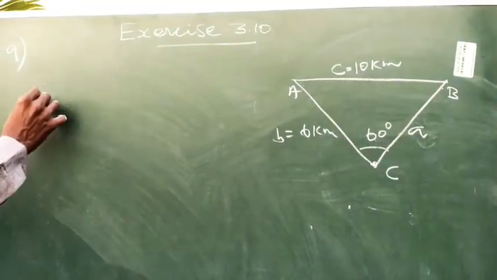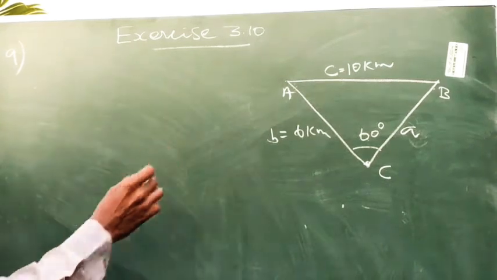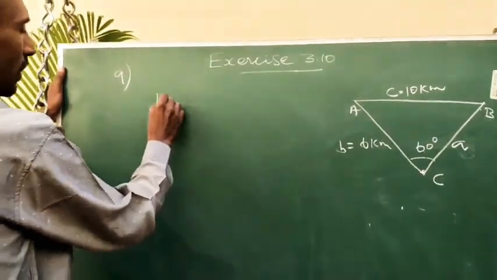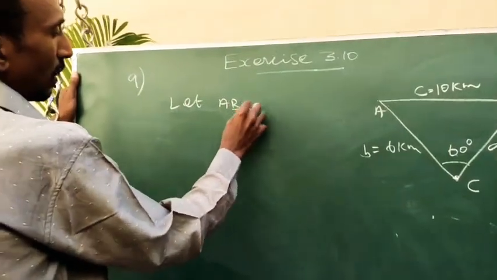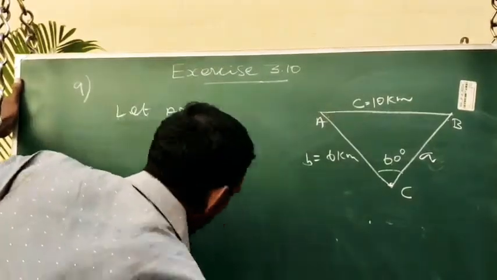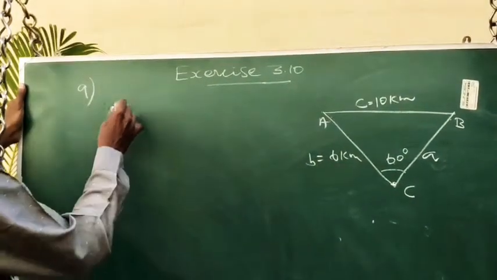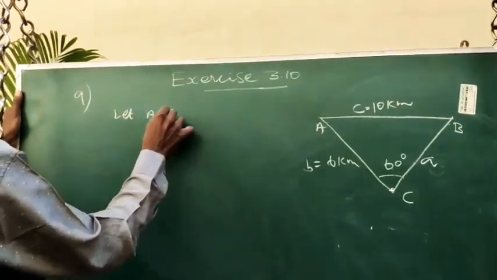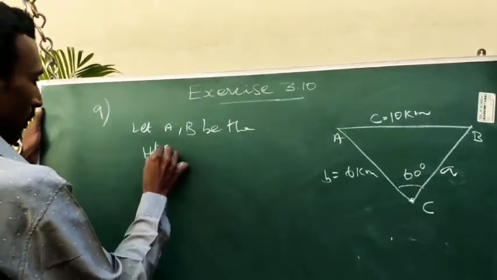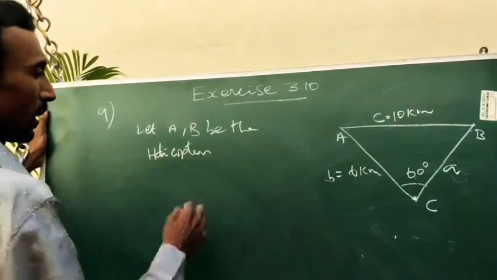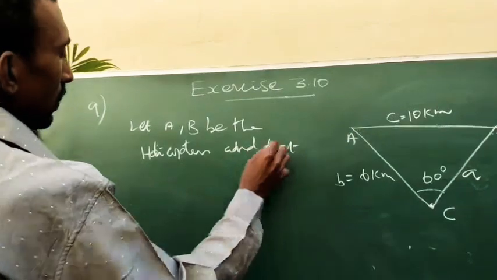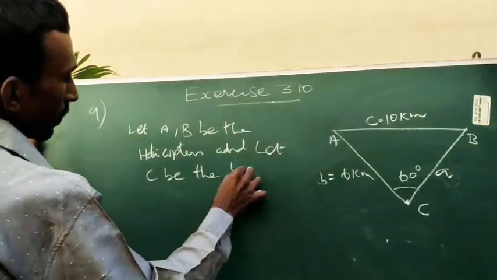Let ABC, first, let AB be the helicopters, and let C be the boat.